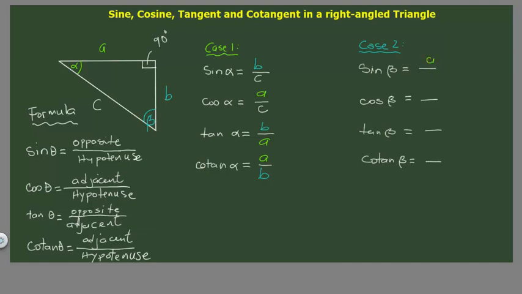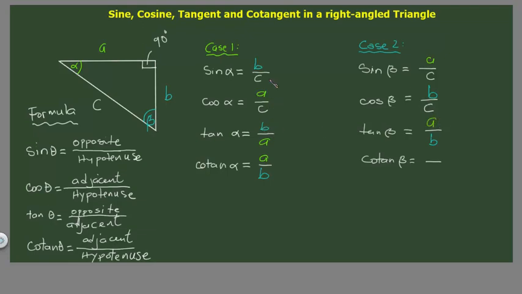A over c, of course. And the cosine of our angle will be the adjacent side over the hypotenuse. The hypotenuse is c, and the adjacent is b. And the tan here will be the opposite over the adjacent. The adjacent is b, and the opposite is a.